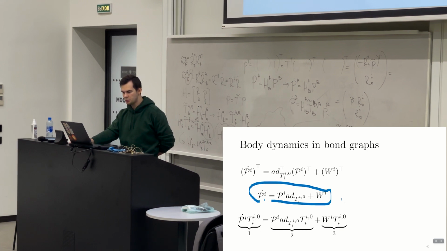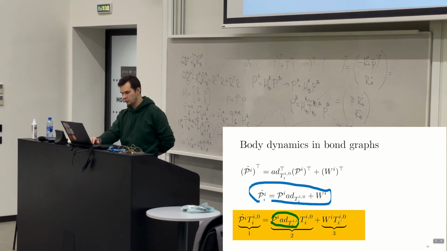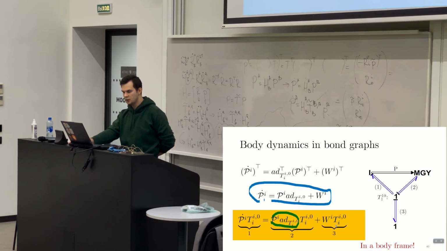If we multiply each part by the twist, it will be p dot times twist equal to the term of the gyroscopic effect times twist plus wrench times twist. And the wrench times twist is actually the amount of power that we send as an input to a body.